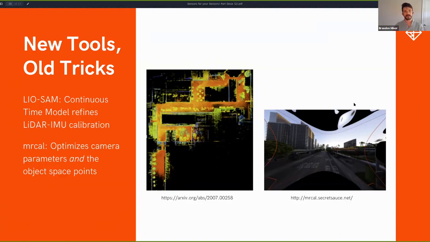Using this continuous time model, kind of what the IMU relies upon, you can get better and better intrinsics or extrinsics for both of these things, which just refines your map. Amazing. It's super cool, but not a lot of libraries do this. What does LIO-SAM stand for? Is that an acronym? I think it's Lidar Inertial Odometry. Okay. Structure something motion.